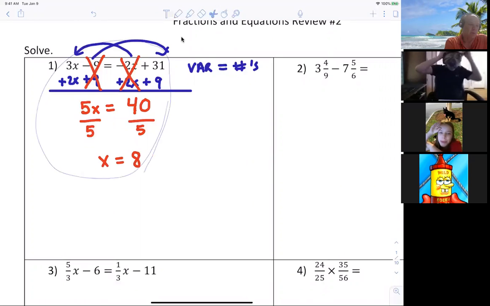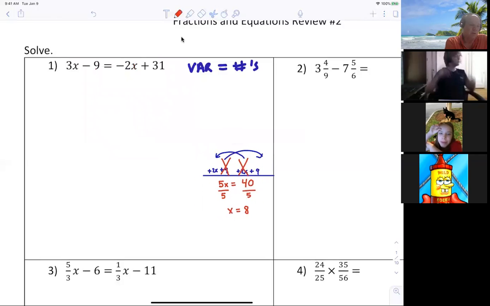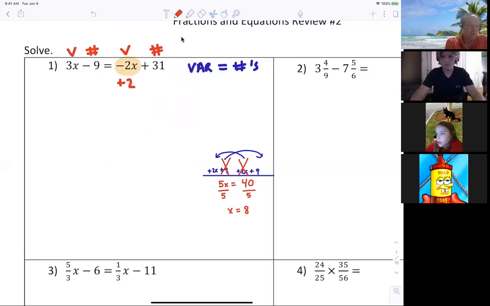Okay, so again, one more time. This is a variable. This is a number. This is a variable. This is a number. This variable goes on the left side. So to undo a minus 2x, we add 2x.